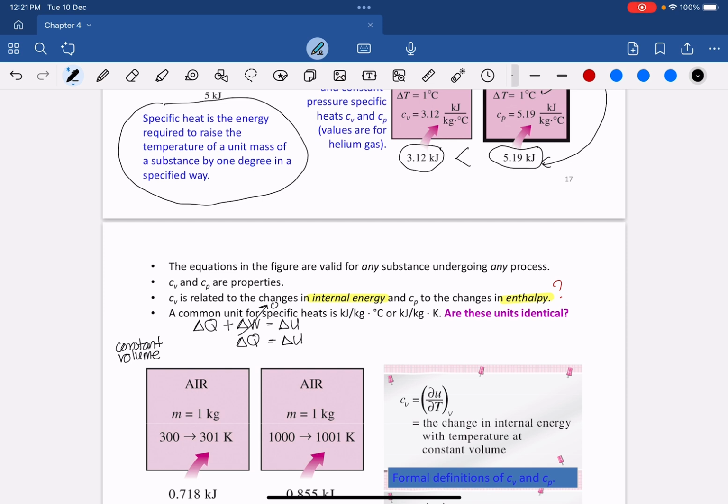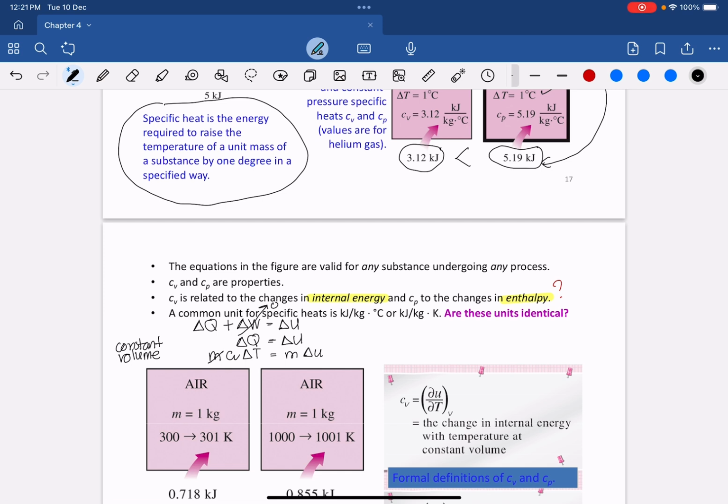Alright, and as we all know, the content of energy is calculated from mCv delta T, and this is m delta U, right?